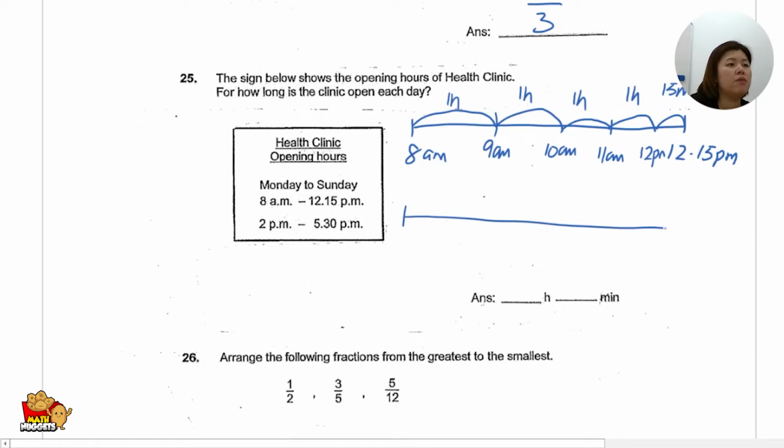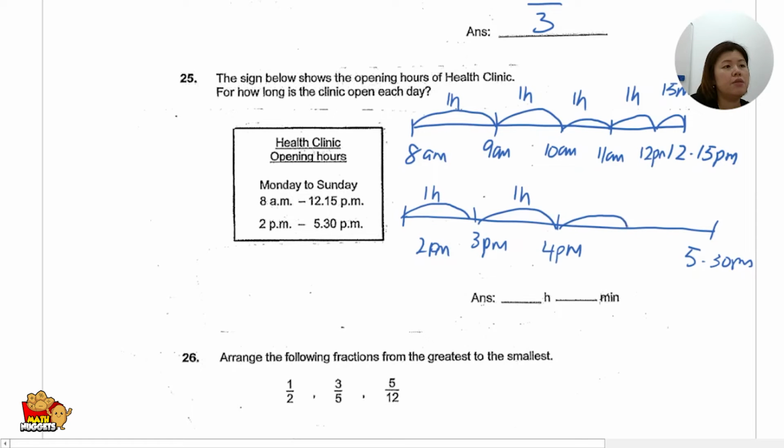Next one is from 2 p.m. to 5:30 p.m. So same. If you can do it in more hours, of course it's better, but I need to break down for students who need more help. And here is 30 minutes.